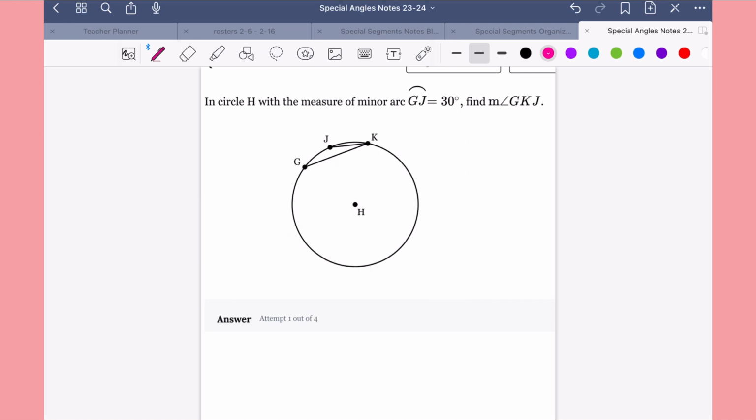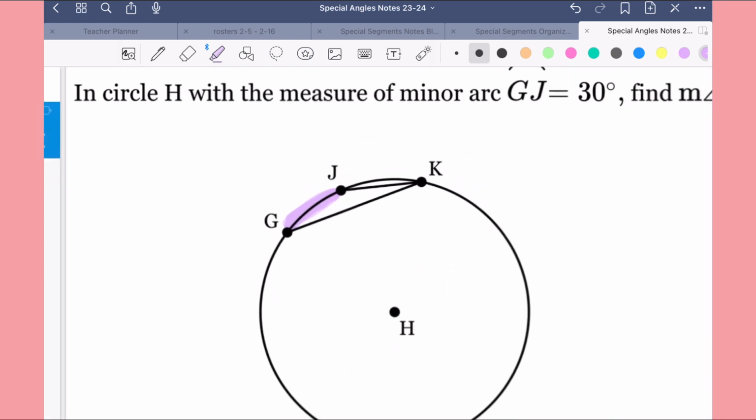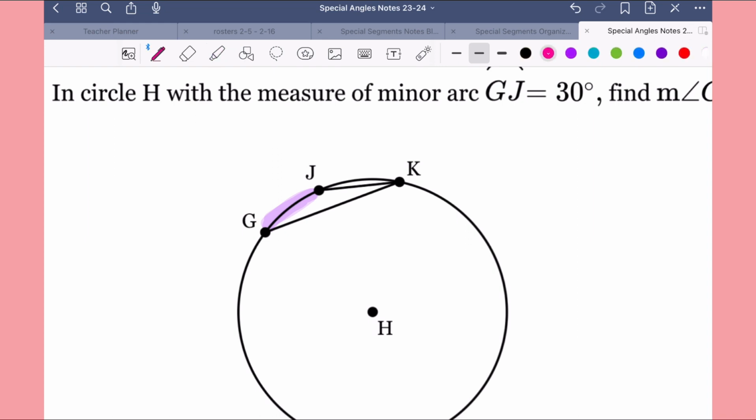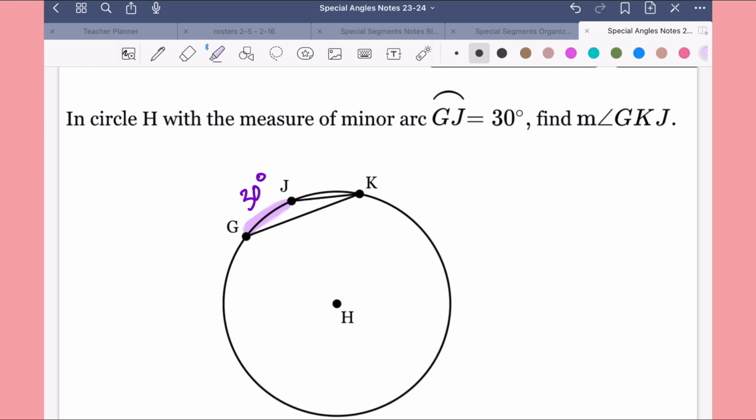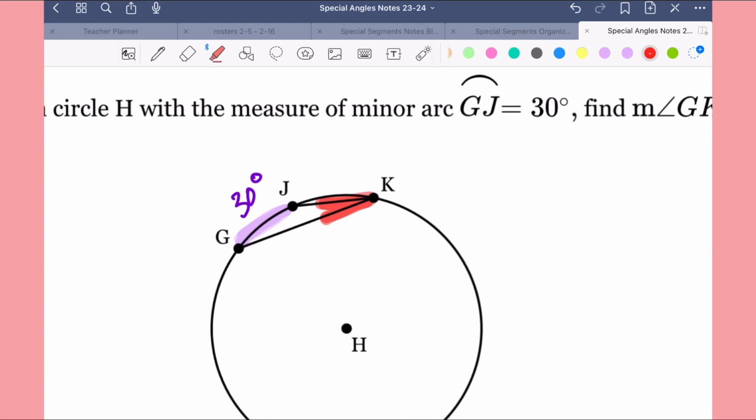Okay, my arc is 30 degrees from G to J, so that's actually this section right here. Can you see that? That is 30 degrees, so the arc. And they want to know what the angle is. Angle GKJ, so that is here. It's super narrow, but that's the angle they want.